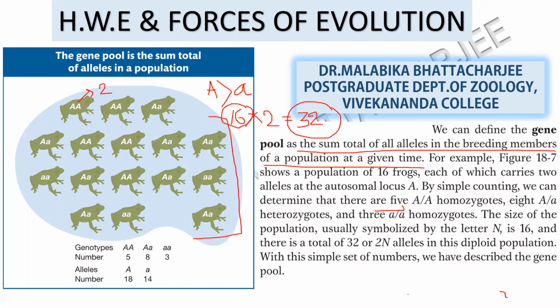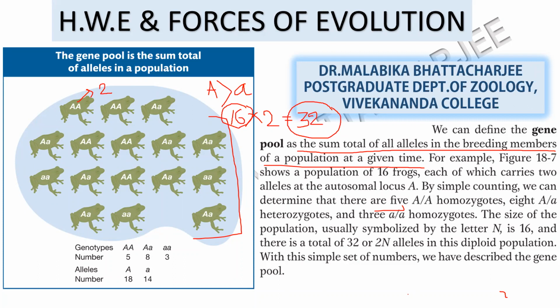Every organism has a number of genes. I have brought a situation where I'm describing the scenario with respect to one gene and its two allelic variants. When we talk about the gene pool, it is the sum total of all the alleles in the breeding members at a given time.